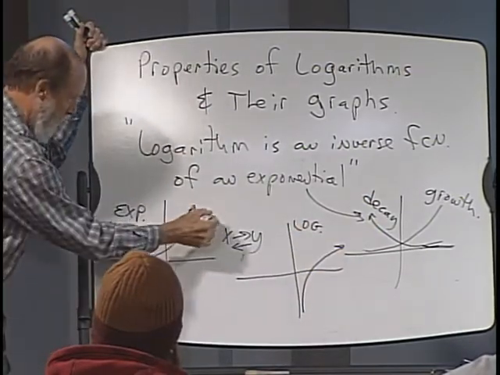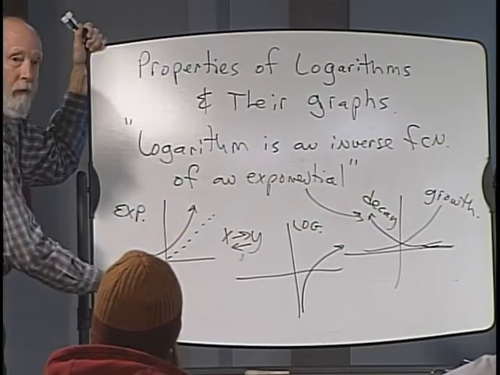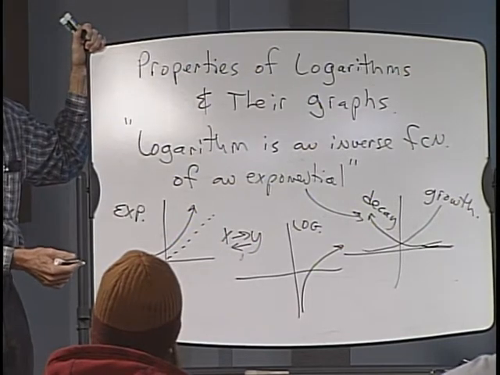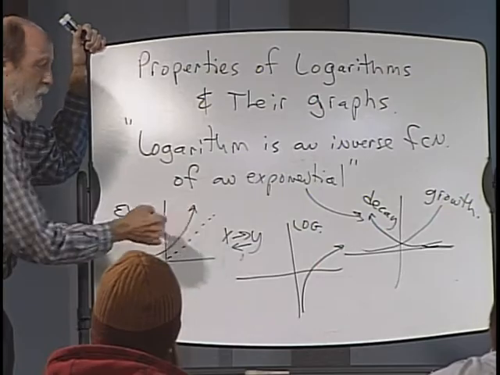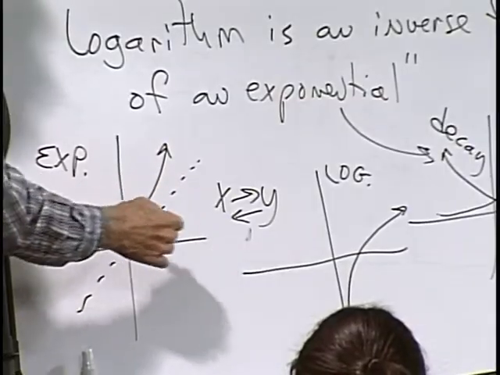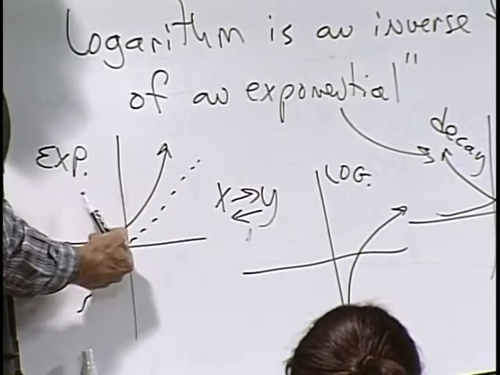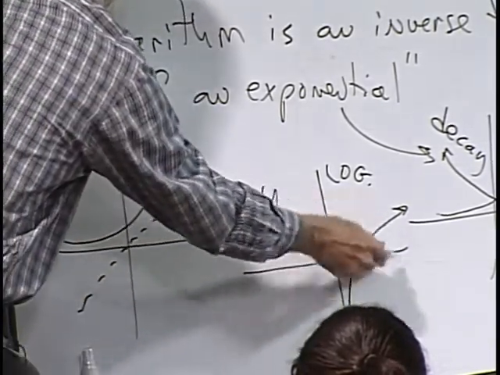They will have symmetry around the y equals x line because you're forming the inverse. As I said a moment ago, this passes a horizontal line test. We call that 1-to-1. Then the inverse of it passes a vertical line test.